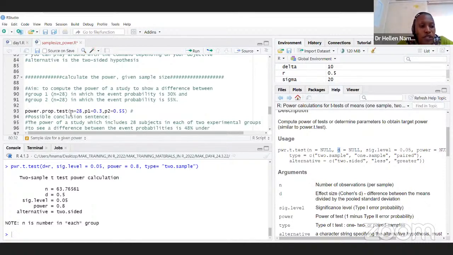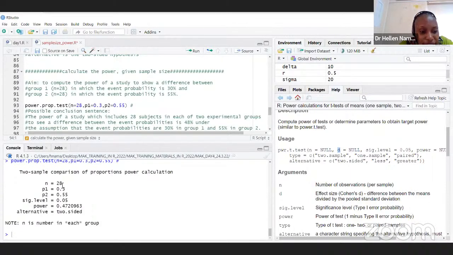For example, when you come to this particular line, power.prop.test, if my N is equal to 28 in each of the groups, whereby the proportion for the first group is 0.3 and the proportion for the second group is 0.55, then I can calculate here. What is missing is my power, because what is most important is I need the N and then I need the P. But in this scenario, I've got the N. So if I run that line and I check down here, it is telling me that the power will be 0.47 if my N is 28.